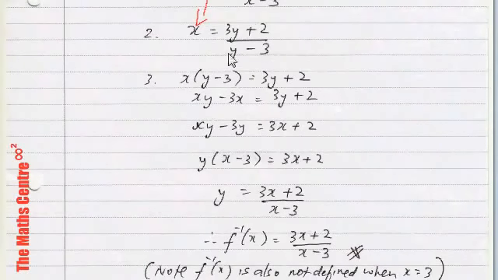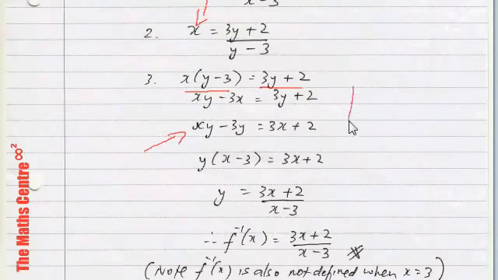So what have I done? I have cross multiplied x times y minus 3, and then I have 3y plus 2. I've opened this up, xy minus 3x equals 3y plus 2, and after that I've brought the 3y to the left and I've brought the minus 3x to the right, so I will have xy minus 3y equals 3x plus 2.